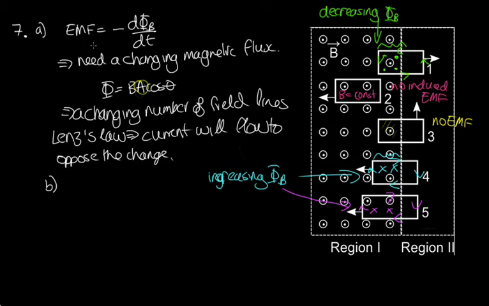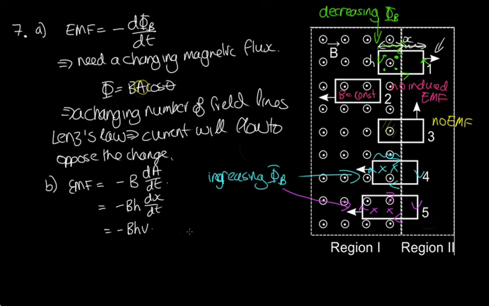So our induced EMF is equal to minus B times the change in area over dt, and these all have the same height, so the area is equal to the height times x, where x is the length inside the field. So we've got minus Bh dx/dt, but this is how fast the area within the field is changing, and that change is caused by this velocity here. So this is equal to minus Bhv.